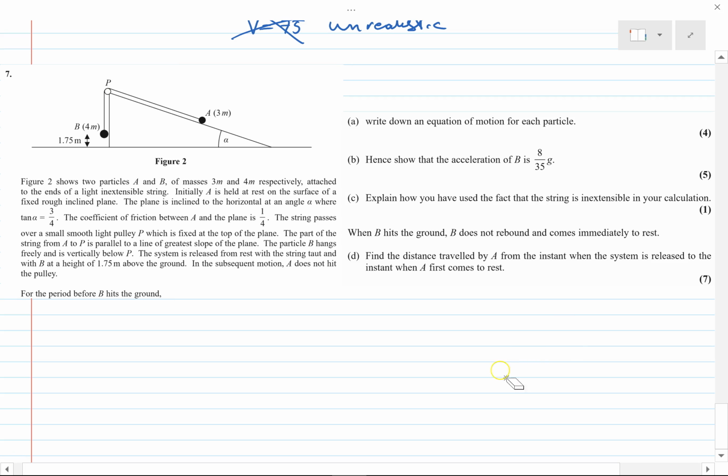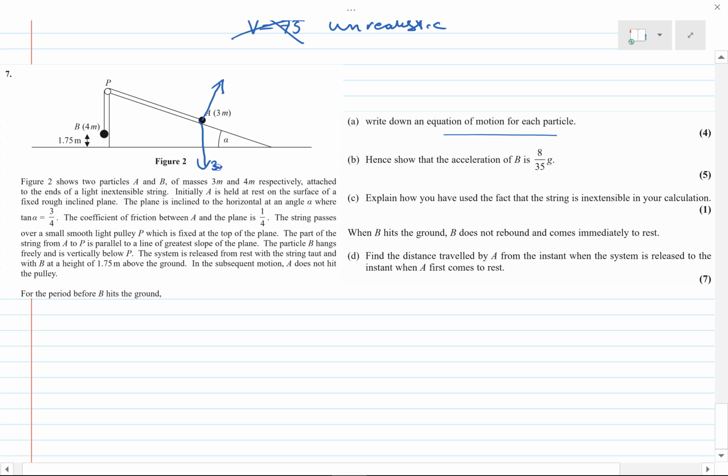Okay, so we've got a dynamics connected particles question. The first thing is to write down equations of motion, so apply F equals ma. Let's put some forces into our diagram here. That's a bit better.